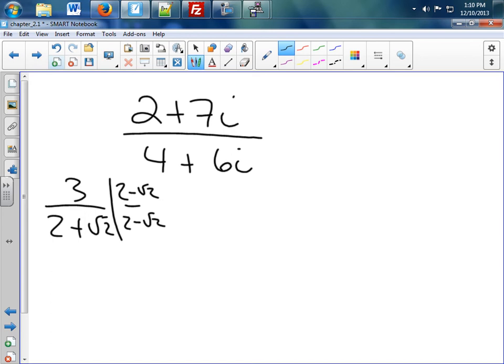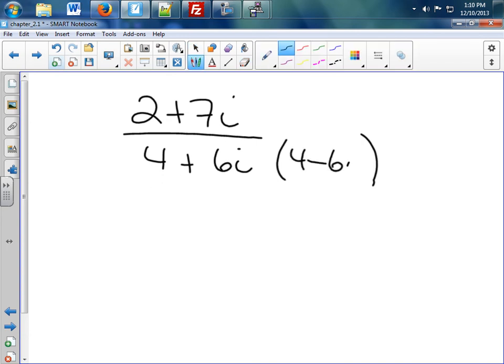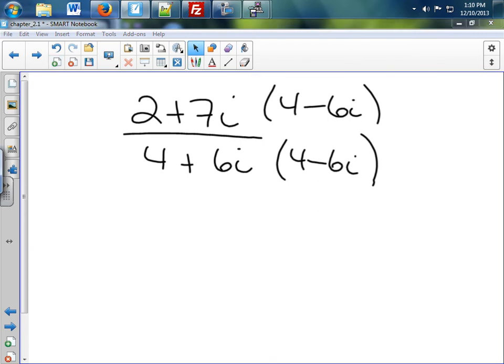That's the conjugate. You switch the signs. So for complex numbers, you have to multiply the top and bottom by 4 minus 6i. And how do we multiply them? FOIL. So go ahead and give that one a shot.